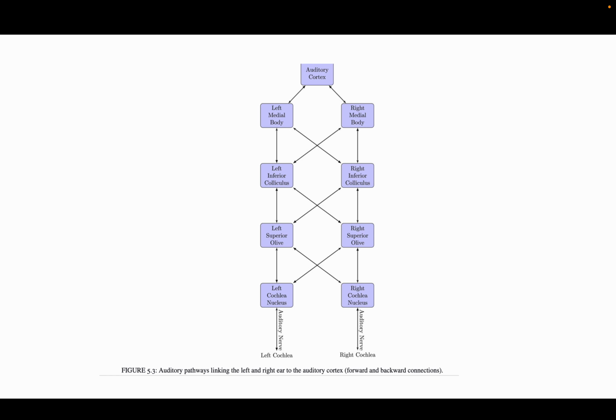You have the left and right cochlear nucleus, left and right superior olive, left and right inferior colliculus, left and right medial geniculate body, and eventually the auditory cortex, where the signal has been pre-processed, pre-filtered, and temporal and frequency adjustments have been made for the purposes of interpretation, which then begins in the auditory cortex so that we can perceive, understand and respond to the auditory inputs.